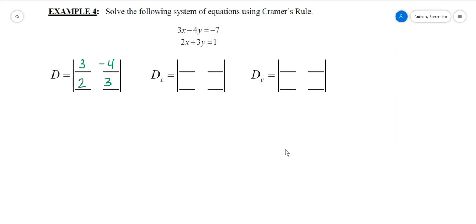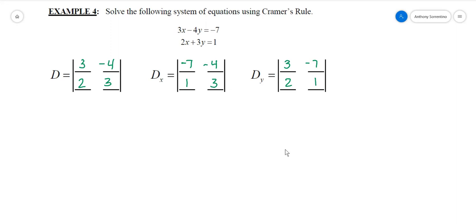D sub x is going to be the right-hand side values replacing the x column and keeping the y column. And Dy is going to be me keeping the x column from my regular determinant and replacing the y column with what's on the right-hand side of the equal signs.